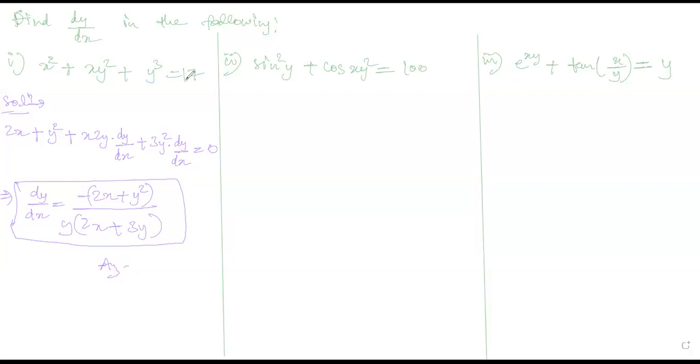Shahid, we will also be solving this. Where did this y come from? I am not sure.